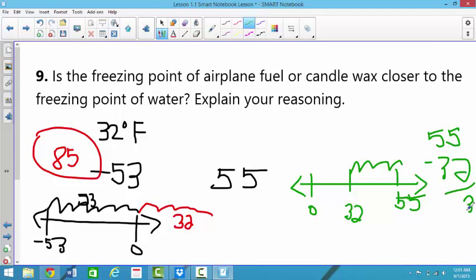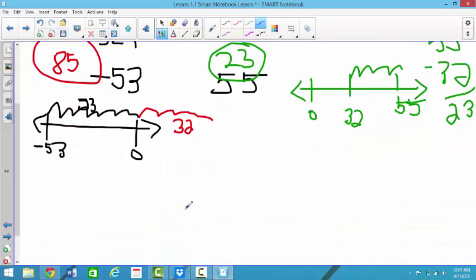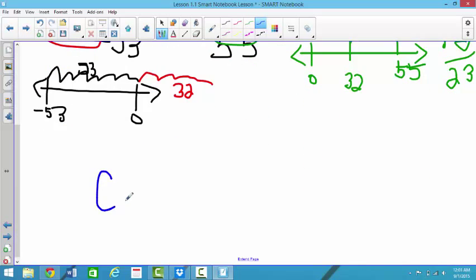Right? So you have a difference of 23 degrees. So these two have a difference of 23. So which one's closer? Candle wax.